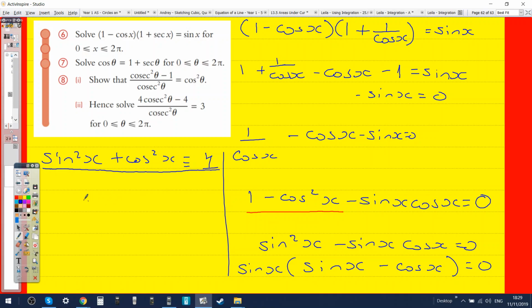So then you can say that either sine x equals 0 or sine x minus cos x equals 0. Yes, and so you then have two simple things that can be solved.